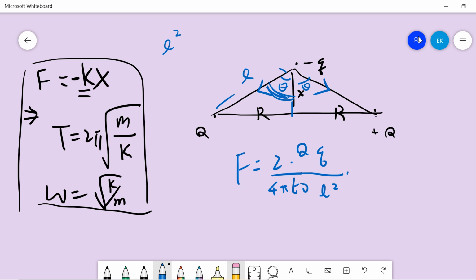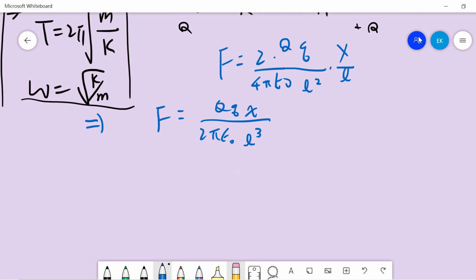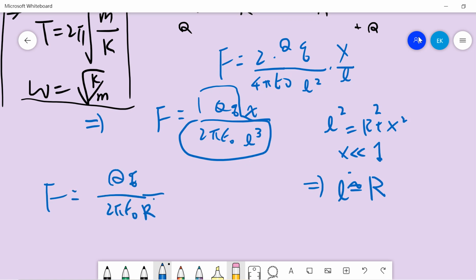Cosine theta is x over L. So F equals Qq over 2 pi epsilon naught L cubed times x. Okay, so this is the small constant. But one would say this is actually not constant, because L squared is R squared plus X squared. But since we know X is small, L can be approximated as R. So the constant is Qq over 2 pi epsilon naught R cubed times X. So this is the constant we want.